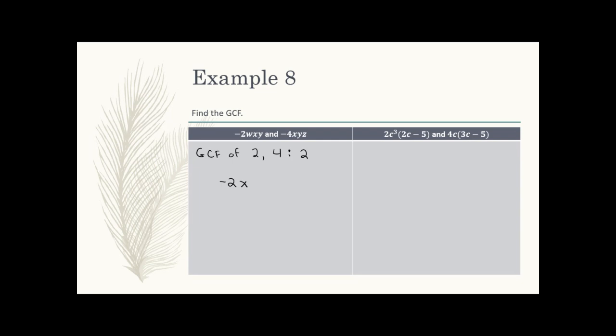They both have a y, so I can put a y in my GCF. Now the first expression, negative 2wxy, does not have a z, and the second one does. Because the first one doesn't have a z, they don't have it in common, so I can't write that. So my GCF is negative 2xy.